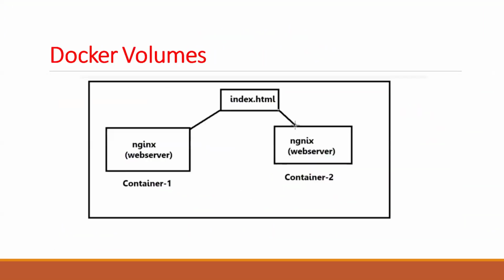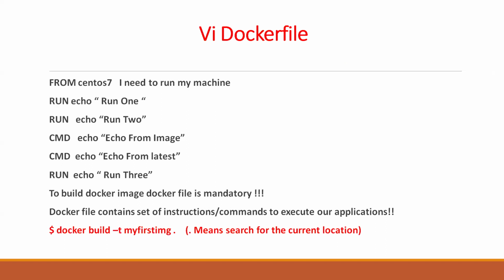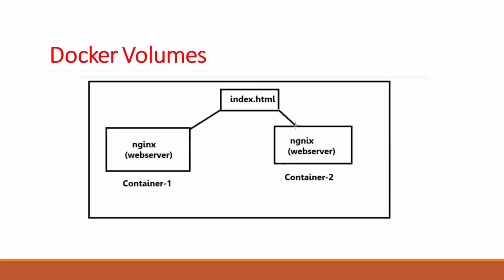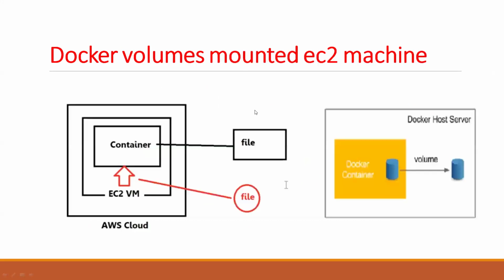So the Docker volumes, port assigning. You understood the port assigning, then Docker volumes. So these are two servers, guys. In the two servers, I want to share the index.html, or I want to share a file. Docker volumes are mounted to the EC2 instance. So this is the EC2 instance. You can mount it here. Whatever the application writes here will be written in the file.